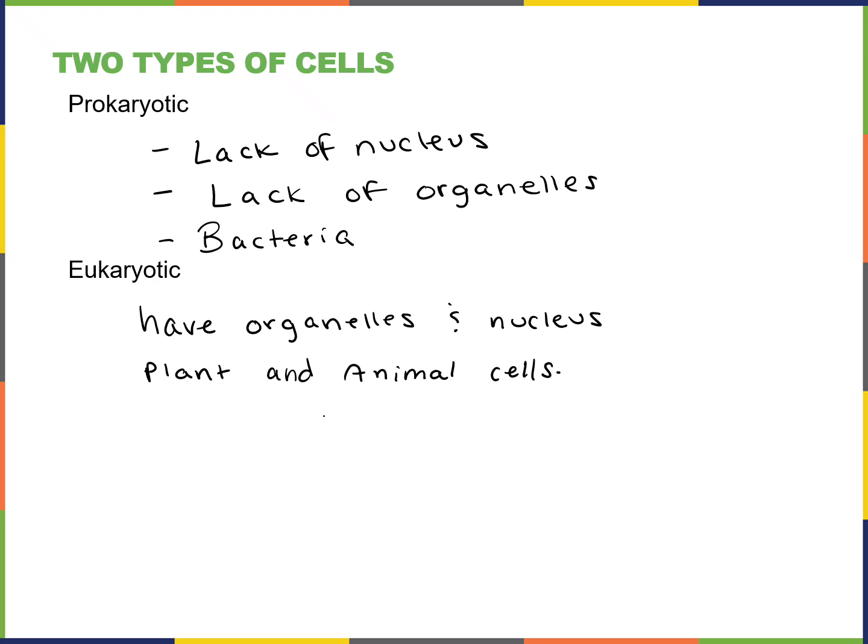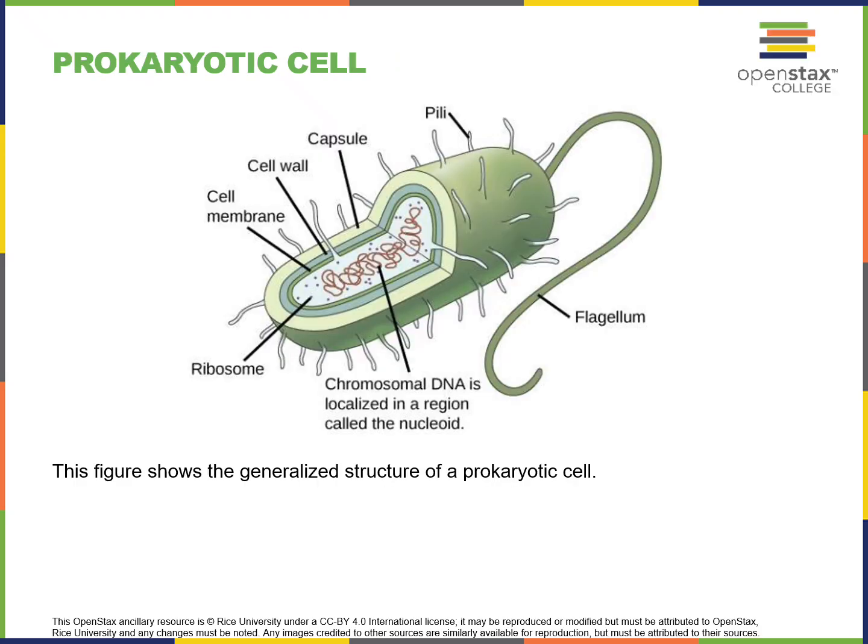And we'll talk a little bit more about those. So when you're looking at a prokaryote, like I said, doesn't have any organelles. No nucleus. The DNA is just kind of hanging out here in the center in what we call a nucleoid.